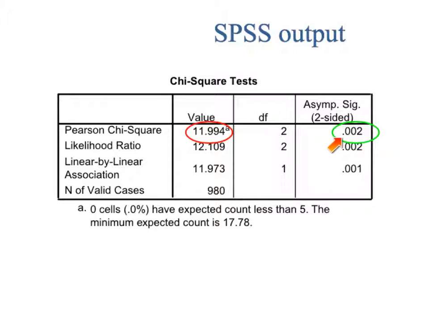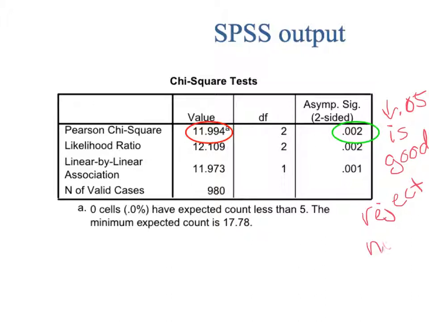Basically, we want this to be less than 0.05, and that is good. That means that we reject the null hypothesis. So we want that SIG number to be less than 0.05. So that about does it for chi-square and how to interpret and how to calculate.